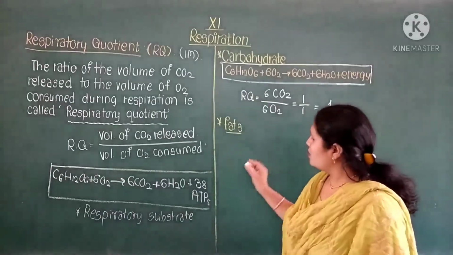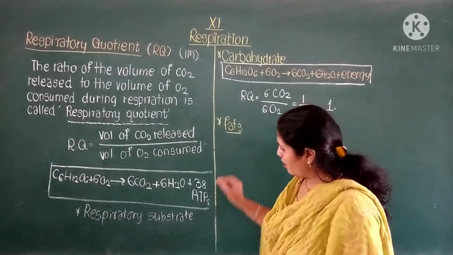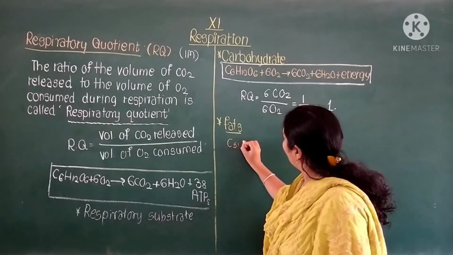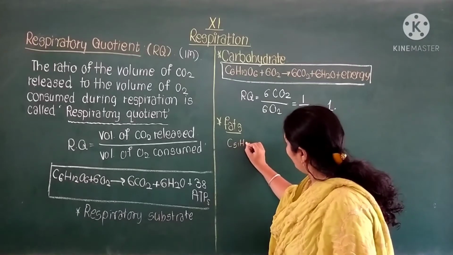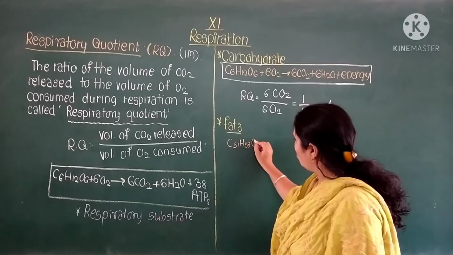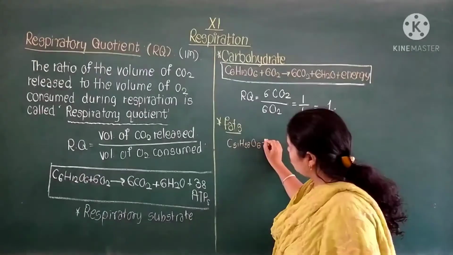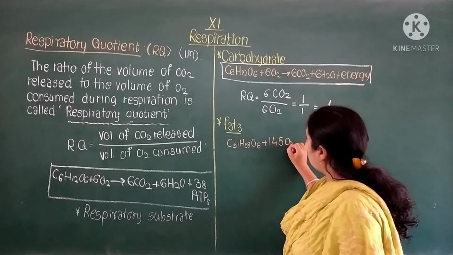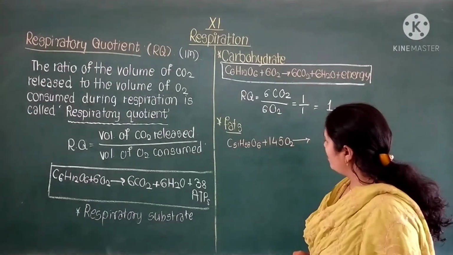Now here is the equation. Suppose C51H98O6 is the fat. It needs 72.5 molecules of oxygen, so that is 145 molecules of oxygen for two molecules.